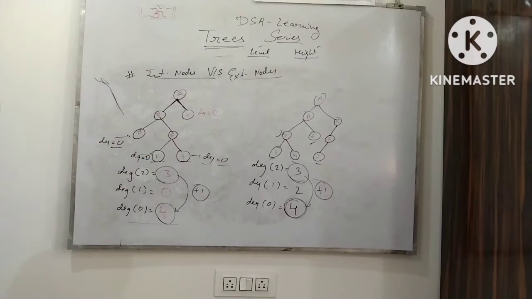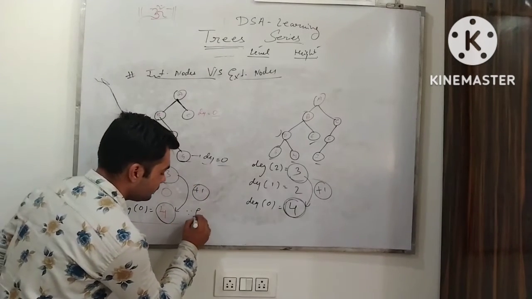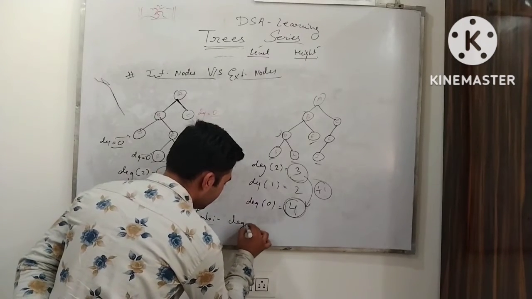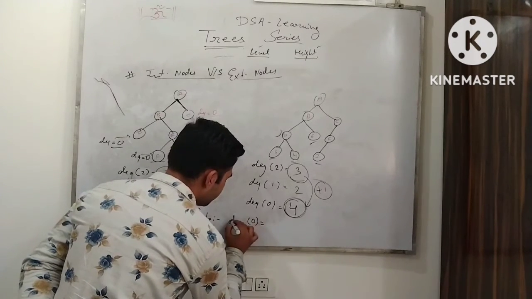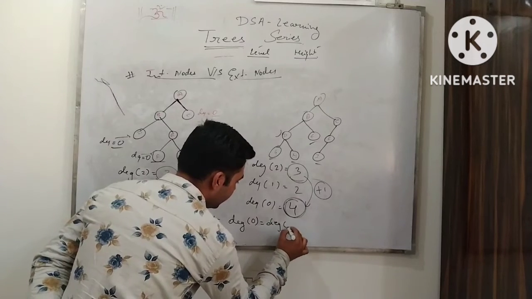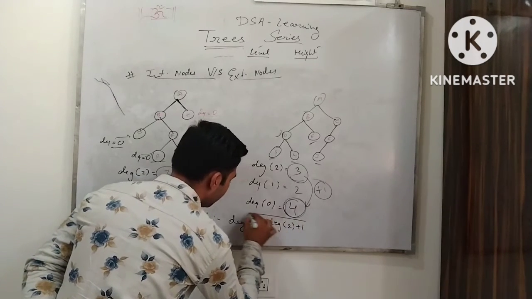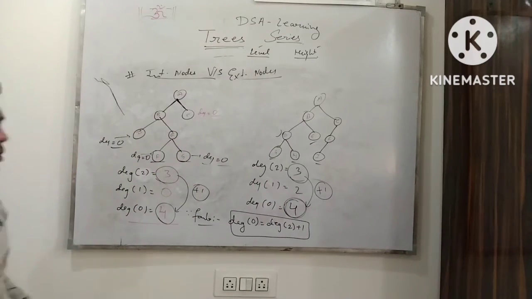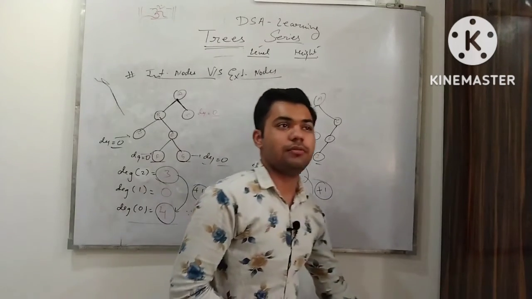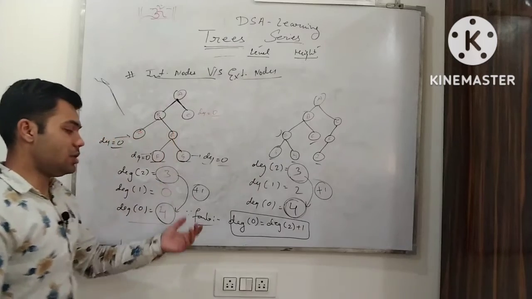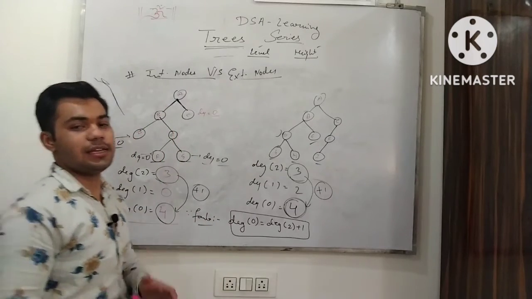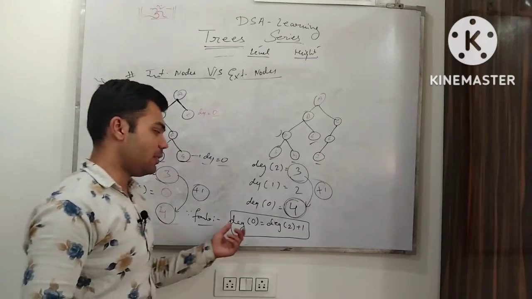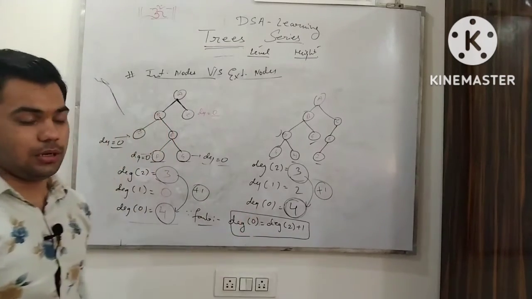So what will be the formula? Degree 0 equals degree 2 plus 1. In our question, if the number of nodes having the degree 2 is given, then we can easily find out how many nodes have the degree 0 with this formula.